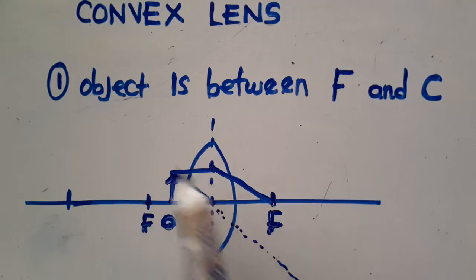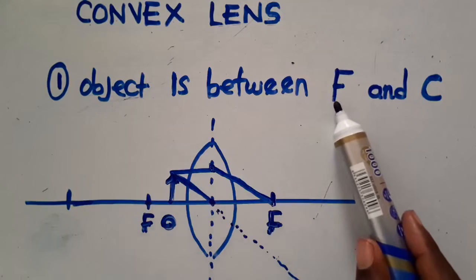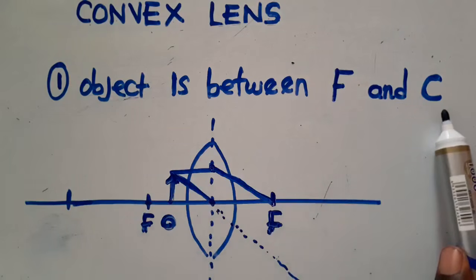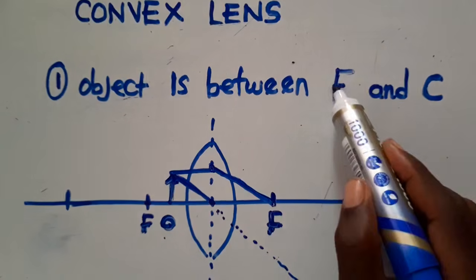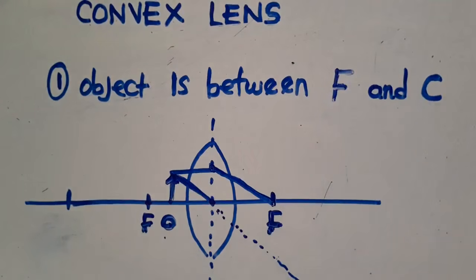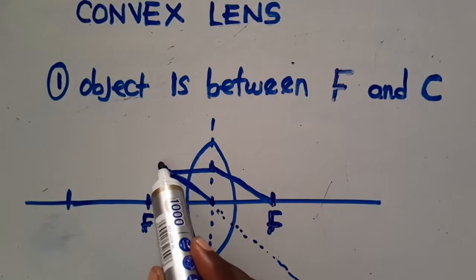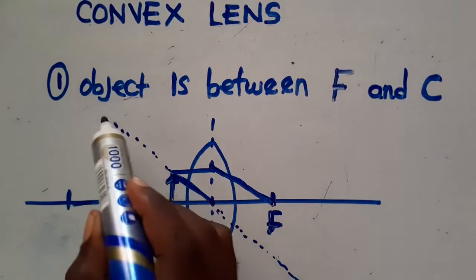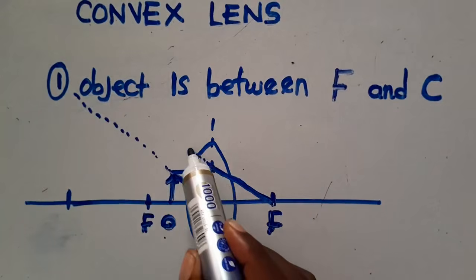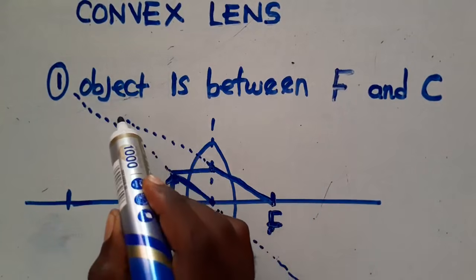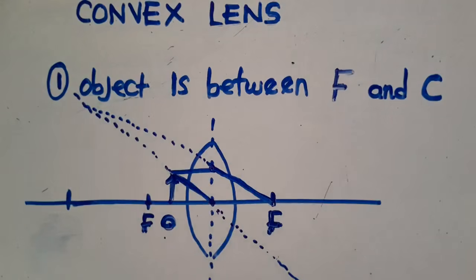So in this case, the image is between F and C. Now, how can we know the properties of this? The object is between F and C. When I continue extending this, and this one I extend it like this, have you seen where they are meeting?